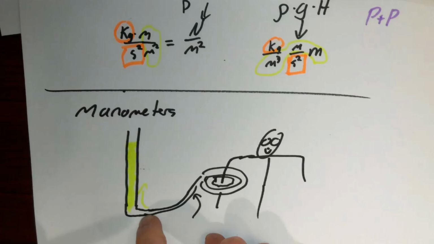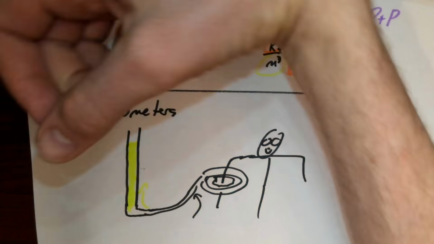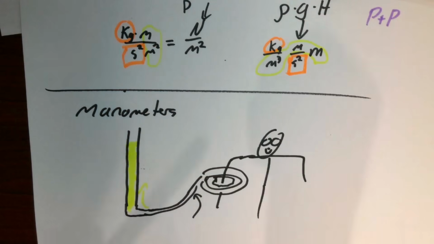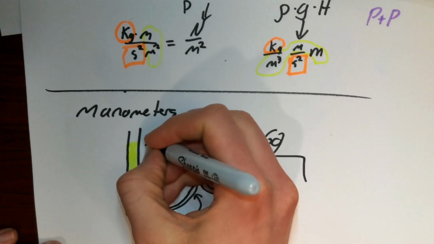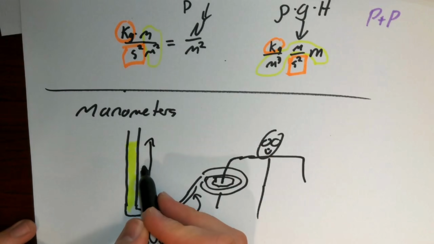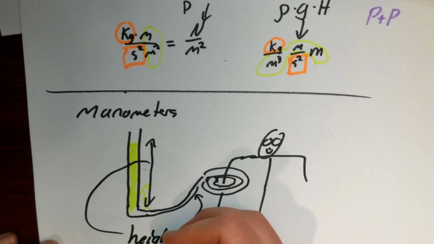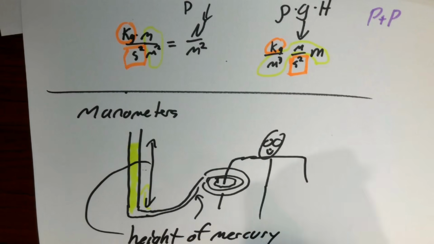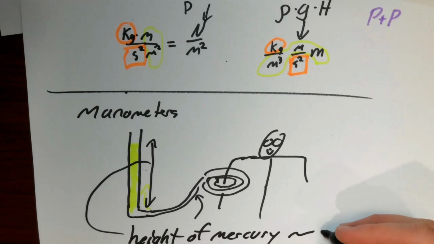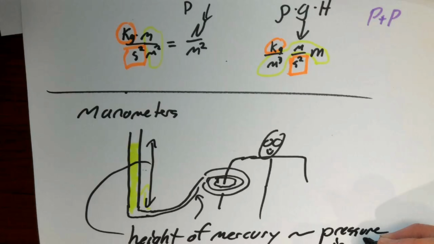A way that you could measure the air pressure inside the bladder that's constricting the blood flow is by reporting it as a height of mercury, right? So the height of the mercury is proportional to the pressure in the cuff.